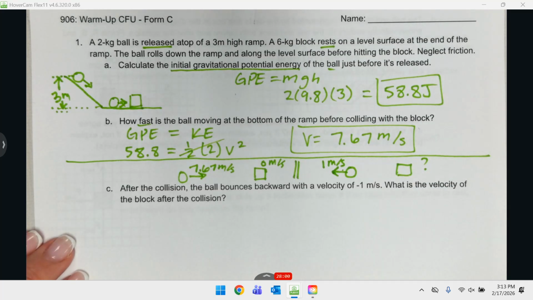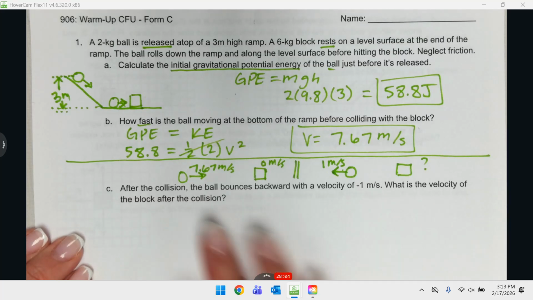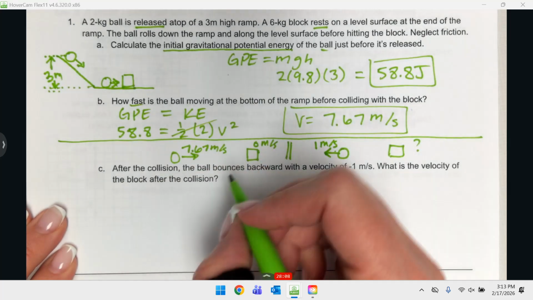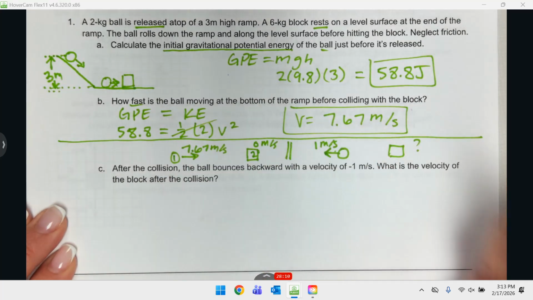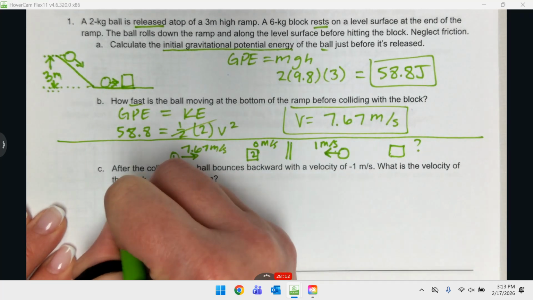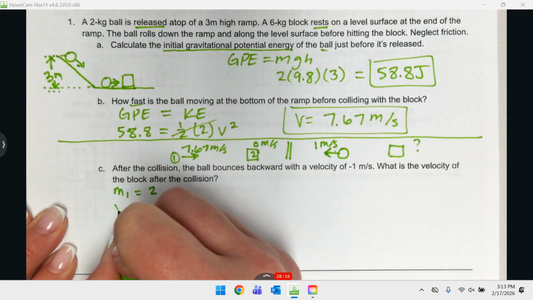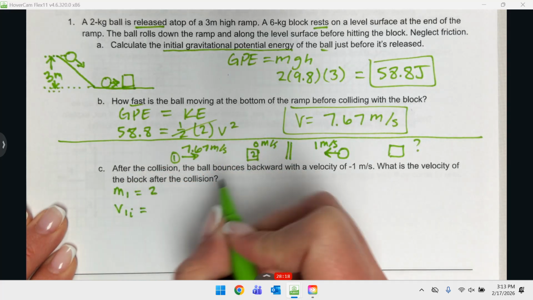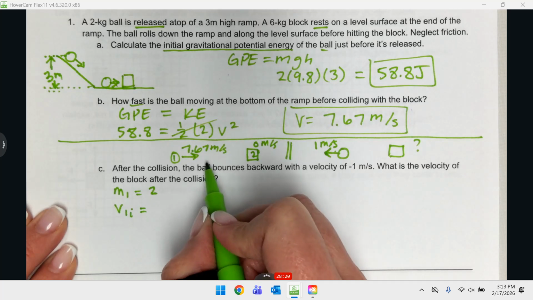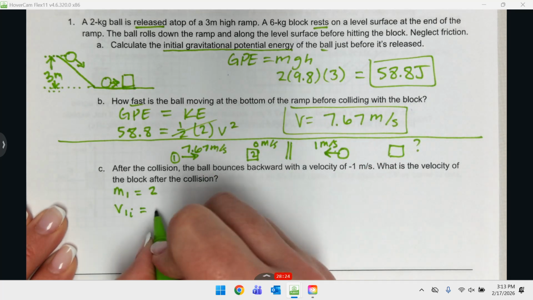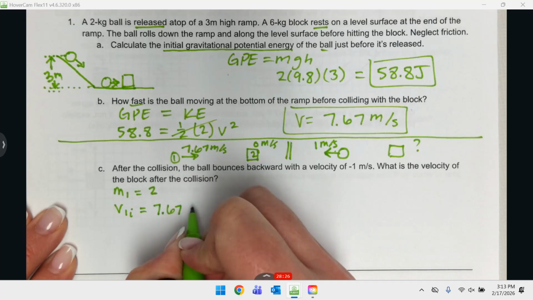Let's label all of our givens. I'm going to call the ball 1 and the block 2. M1 is the mass of the ball, which is 2 kilograms. V1 initial is the velocity of the ball initially, which we found up here. It's how fast it was going at the end of the ramp, and that is 7.67 meters per second.